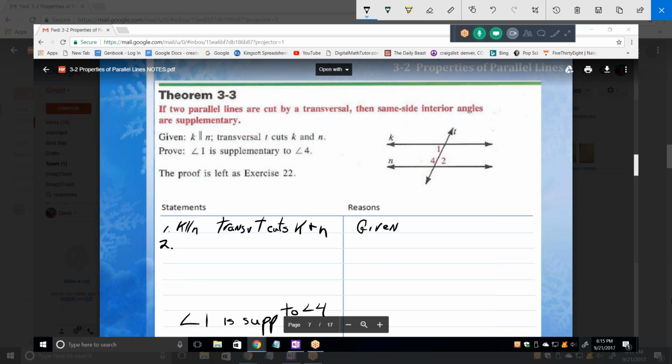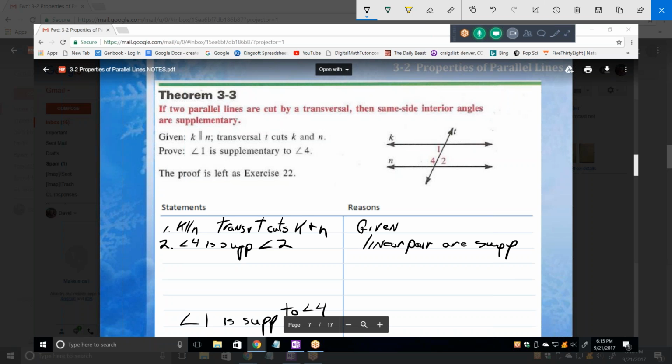My next step is angle 4. Angle 4 is supplementary to angle 2. And the reason is that they are a linear pair. Linear pair angles are supplementary.